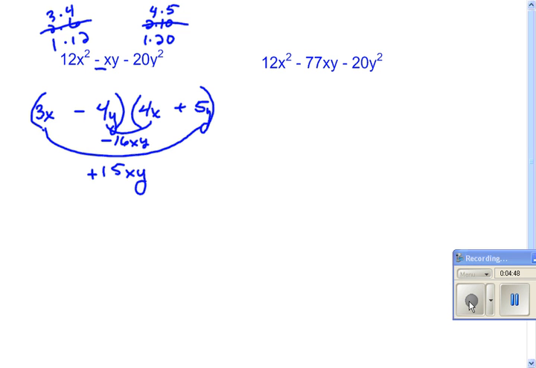Okay, now let's look at the next problem. The next problem has the same coefficients in front, the 12x squared, and it has the same coefficients in back, the 20y squared. So I'm still with 3 and 4, 2 and 6, and 1 and 12. And I'm still with 4 and 5, 2 and 10, and 1 and 20.